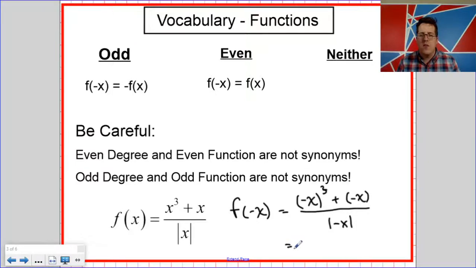So what I see is that the numerator is going to become negative x cubed minus x, and the denominator is going to stay as the absolute value of x, because a negative inside the absolute value wouldn't really matter, would it? So I can factor out a negative 1 from the numerator, and I'm left with x cubed plus x over the absolute value of x. So this is an odd function.